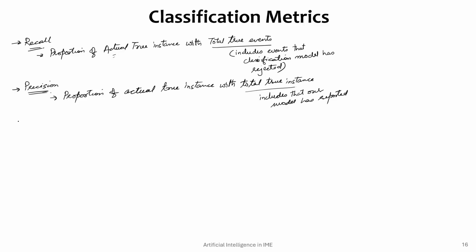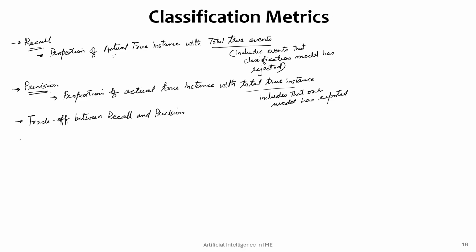So if there is a difference between what your model is suggesting about the instance and what the actual instance label is, then you need to tweak your model so that it can understand your instances better, right? To quantify these differences between the model output and the actual labels, we utilize these different classification metrics. So there is always a trade-off between your recall and precision.